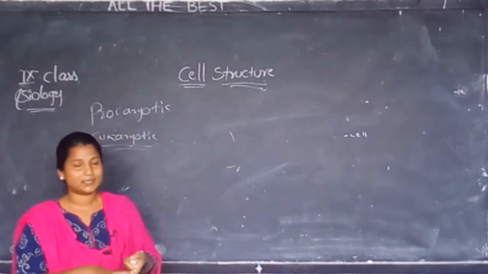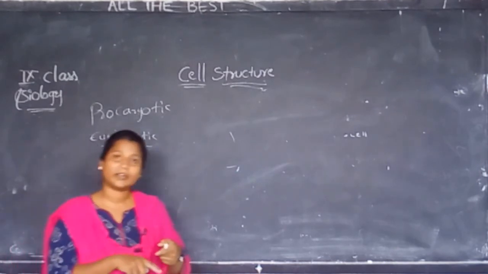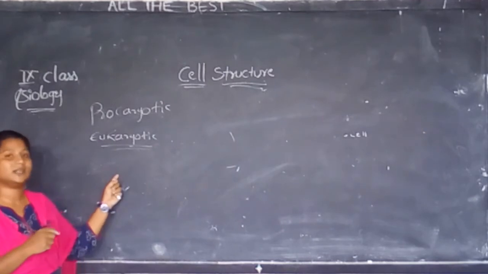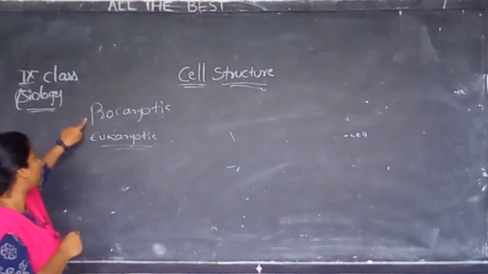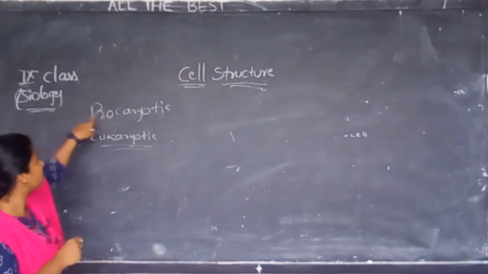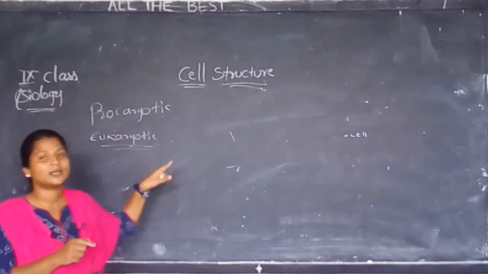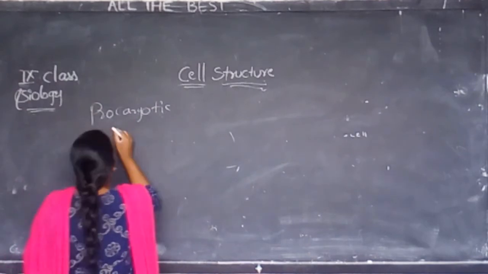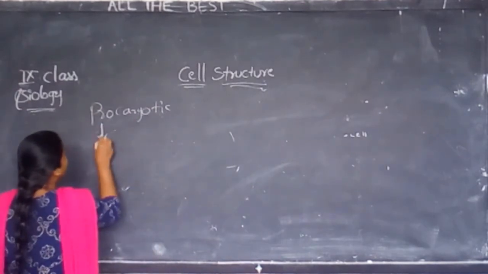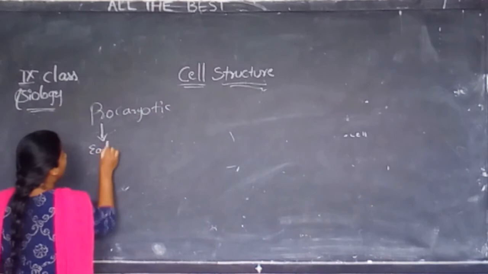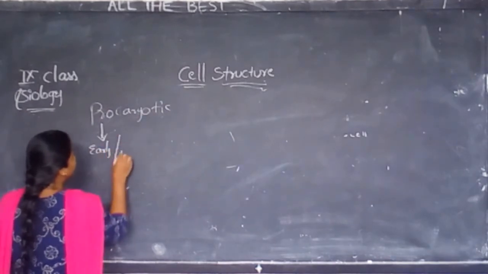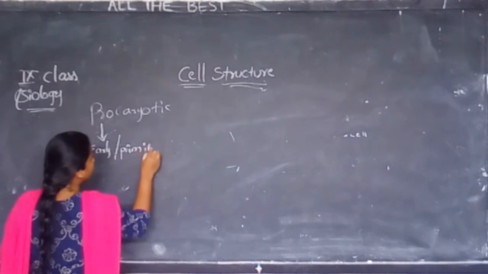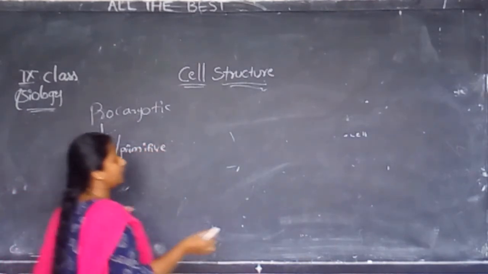Based on that, it was divided into two parts. The first one is prokaryotic, the next one is eukaryotic cells. Pro means early and primitive.